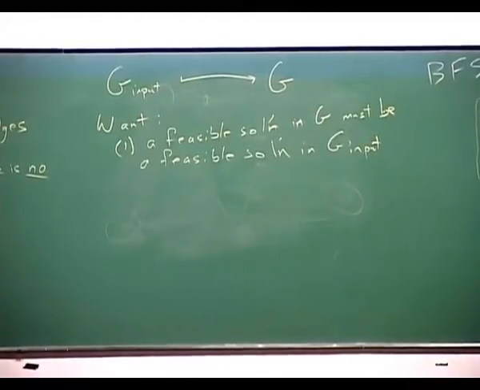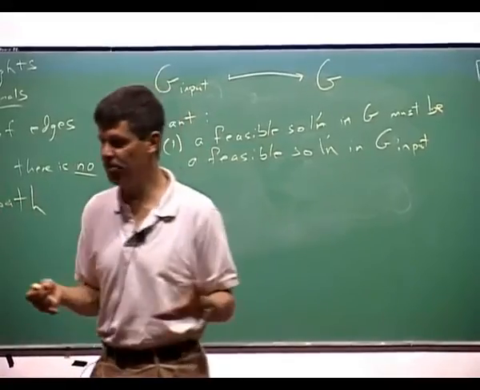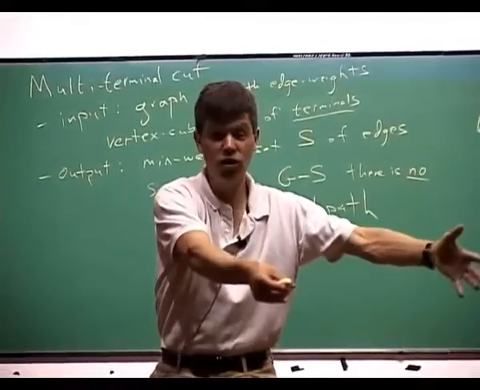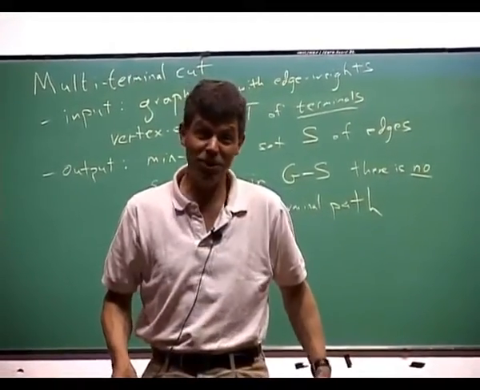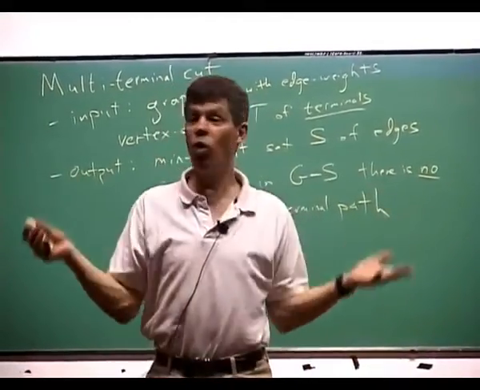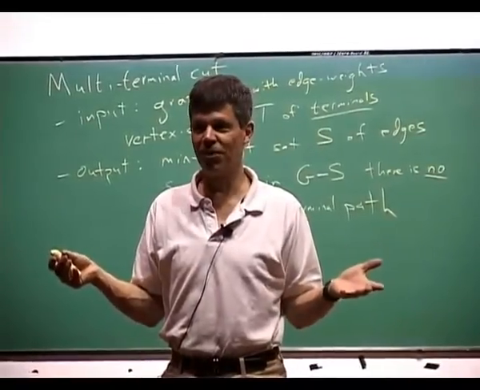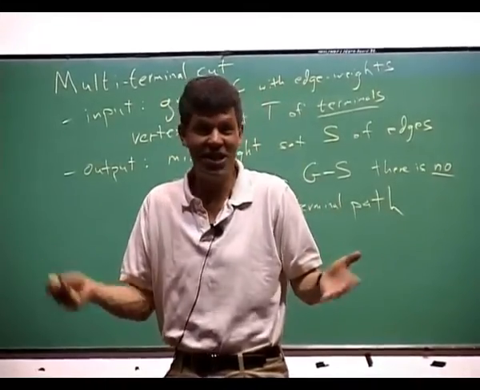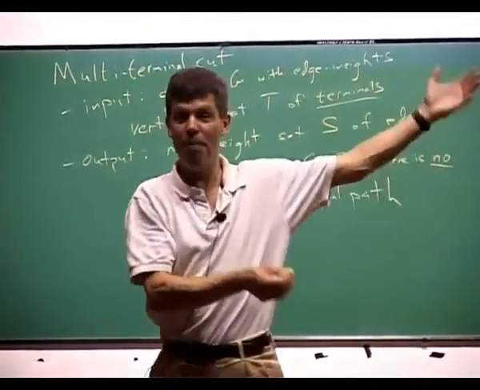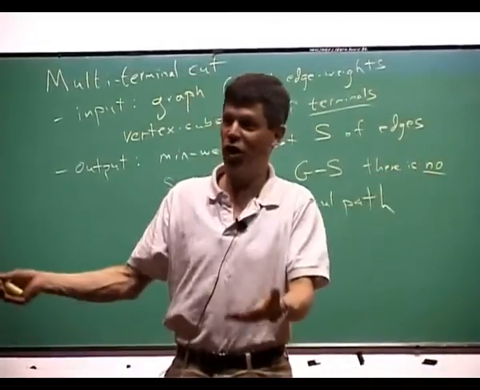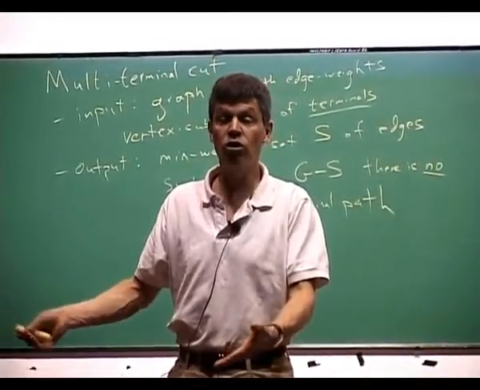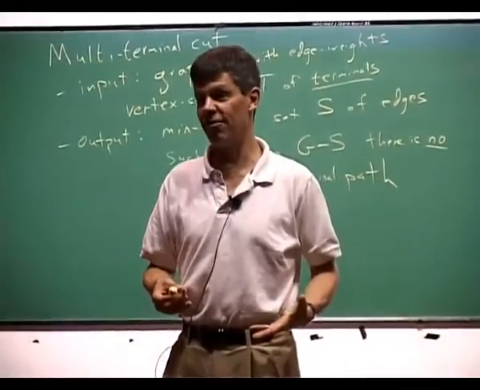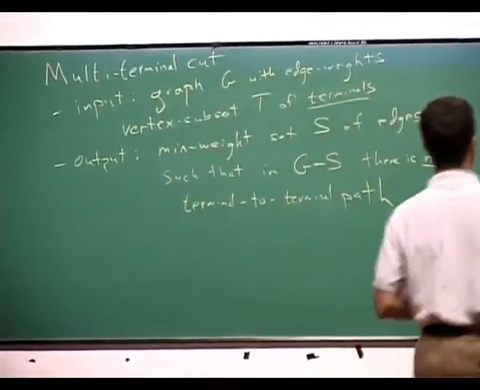It wouldn't do any good if we derived this graph G from G input, and said, oh, now we can find a nearly optimal solution in G, but the nearly optimal solution in G is vastly more expensive than the solution in G input. Then we return the optimal solution in G and say, hey, I did a great job. Well, that's no good. I wanted a solution whose cost was comparable to the optimal solution in G input, the original graph.